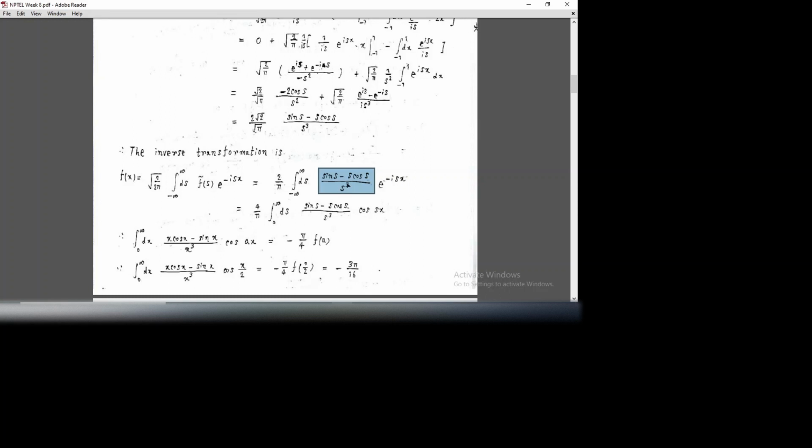So clearly this function is an even function, and that is what I have used here. Using that property, I have got this result where the integration range is from 0 to infinity. So this is our integral representation of f(x).